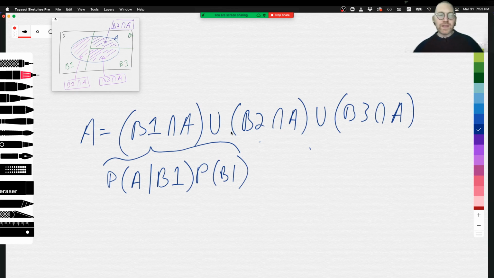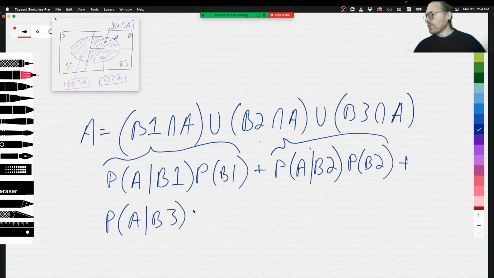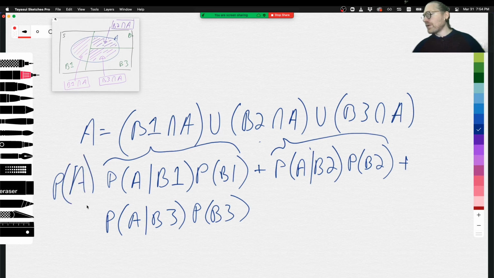And then union, we can think about this as addition, actually. And we can add the next part, which is the probability of A given B2 multiplied by the probability of B2, right? And then we'll add to that the probability of A given B3 multiplied by the probability of B3. And thus we can compose the probability of A.